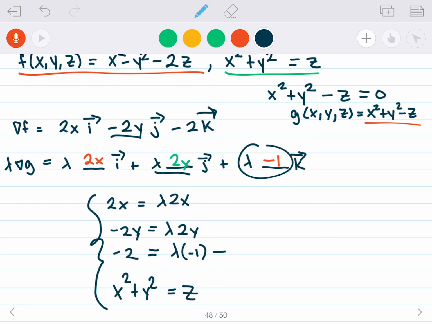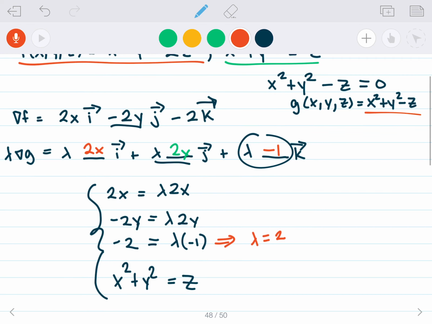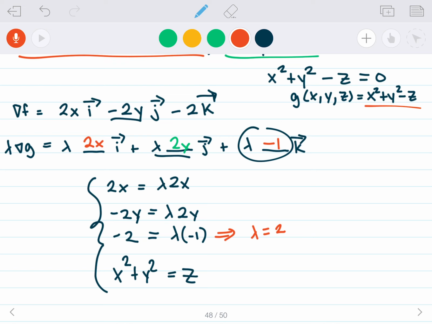Right off the bat, this third equation is telling me what lambda is. If I divide both sides by negative 1, I get that lambda is equal to 2. So that's pretty helpful here. If lambda is equal to 2, what can I say?